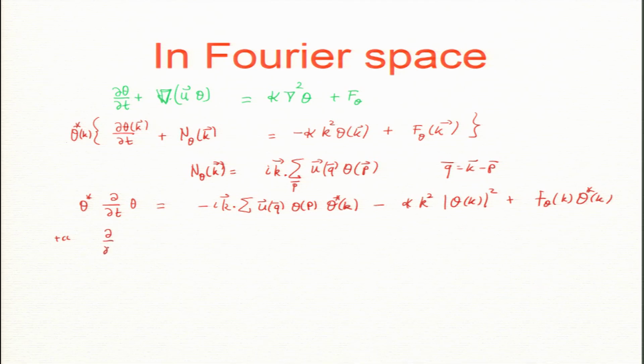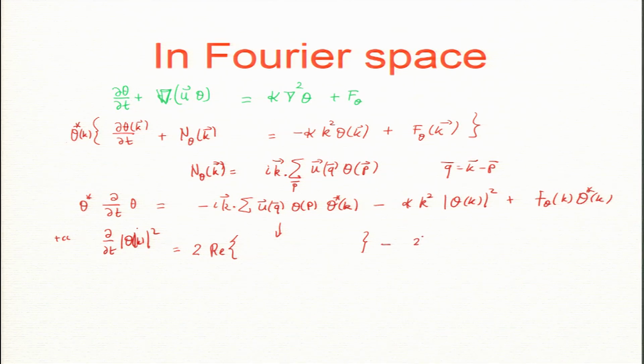So, this becomes d by dt of mod theta of k square, right, by product rule. Now, here I will have exactly the complex conjugate of this, right. So, it is the real part of this object twice, no, A plus A star is twice real of A, imaginary part cancels.